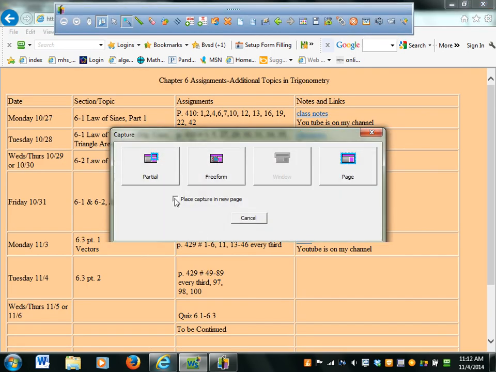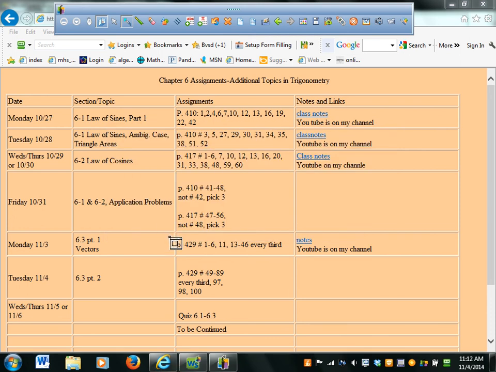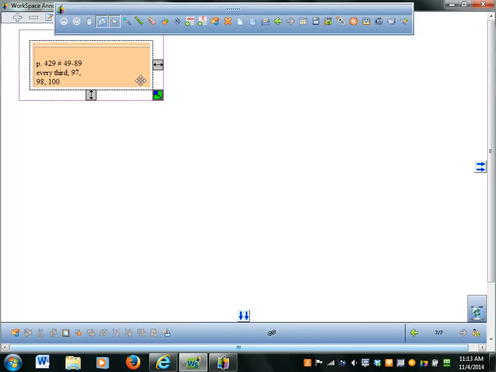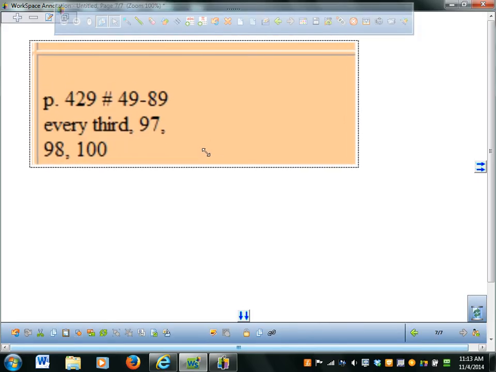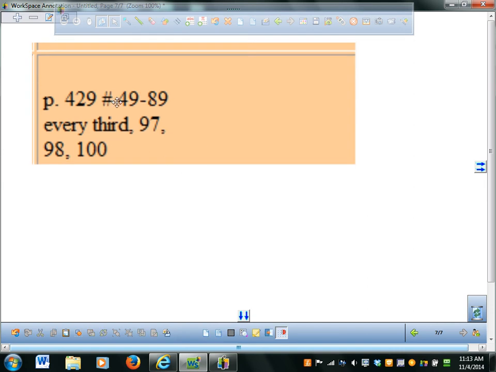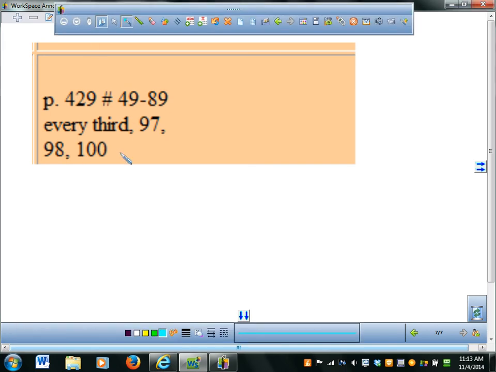I'm going to change this, but these ones, is that right? 49 through 89. I did not tell you how to do 97, 98, and 100. I'm going to change 100 anyway to 105. But if you can look at the examples in the book and figure out how to do it, that's fine. But you don't have to do it.